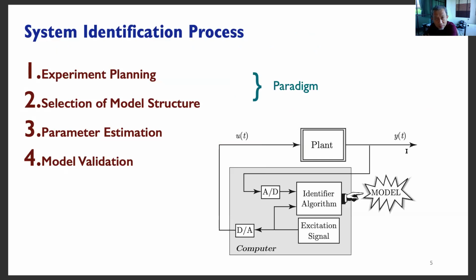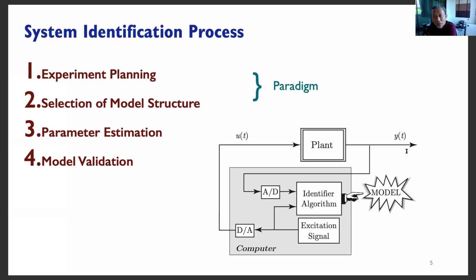That's why the procedure here is such a paradigm, and we must look into step number 1 and step number 2 particularly, because when you do wrong experimental planning without any protocol or procedure, the data that you collect will not be the information that we want, and it will not be suitable for the model structure that we choose.